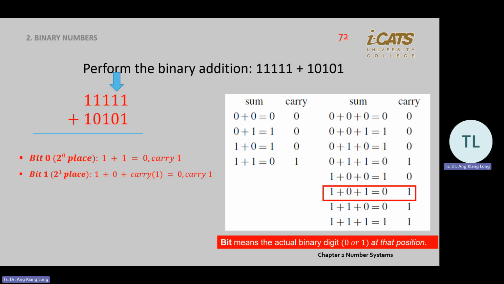So carry 1. If the previous one got carry 1, then for the next one you need to read the other side, not columns 1 and 2. You see, for this 1 plus 1, you read columns 1 and 2.